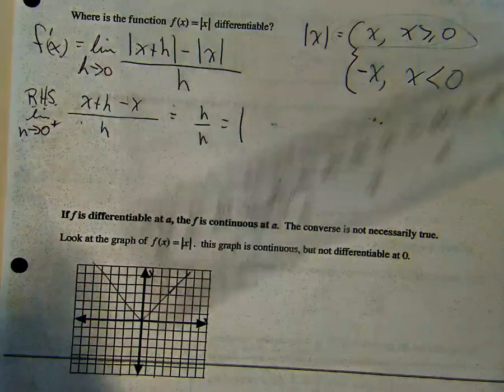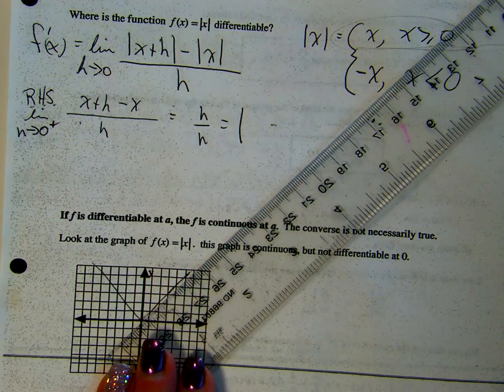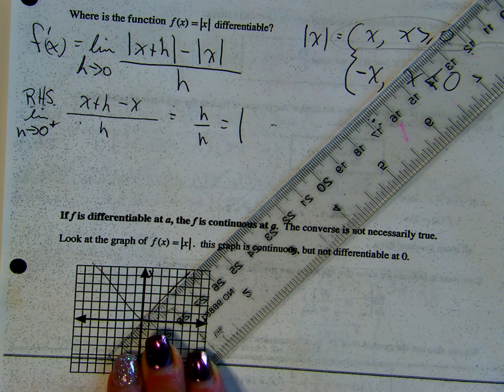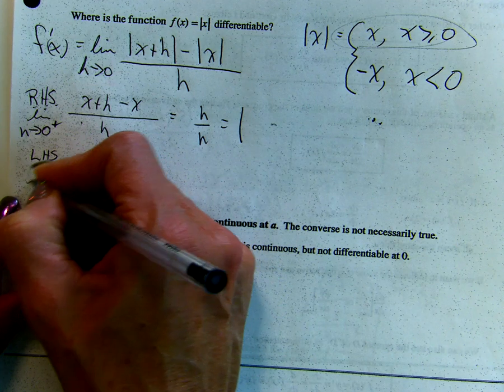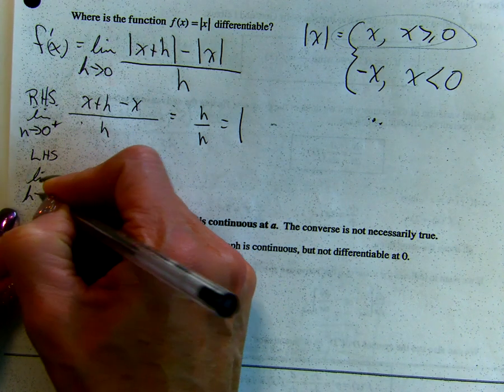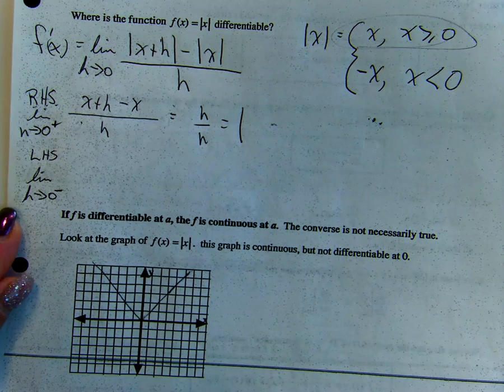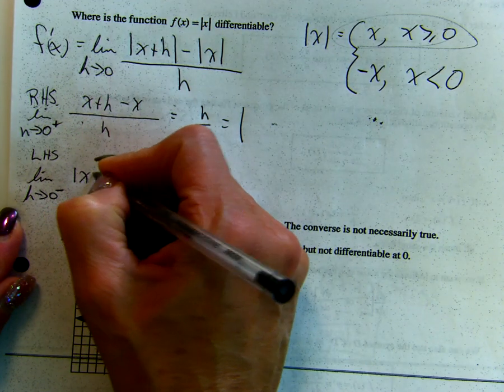And I think you already knew that. What's the slope of the tangent line to the curve? Well, it's always 1 if x is greater than 0. What about if we look at the left-hand side? That is, what's the limit as h approaches 0 from the left for this function?